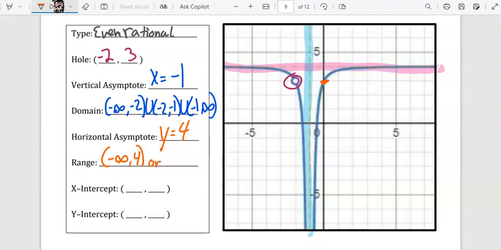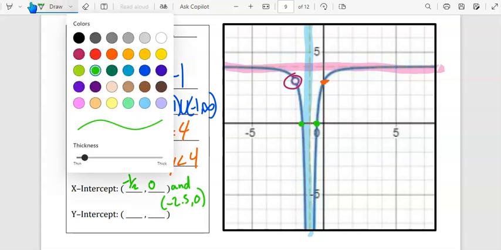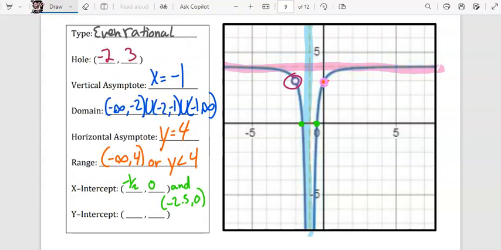You can also write y is less than 4. For the x-intercepts, there's 2 here. -1/2, 0, and like -2.50. And then for the y-intercept, that'd be this point right here, 0, 3.